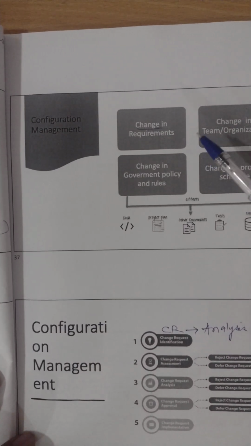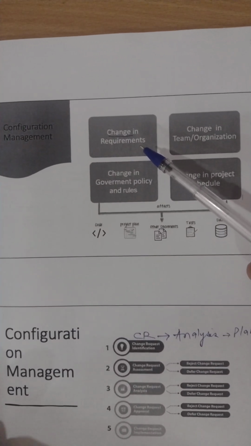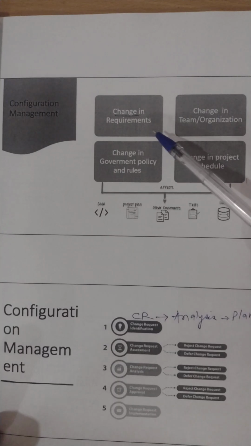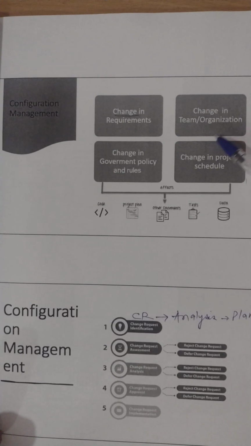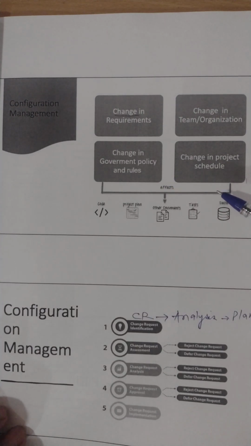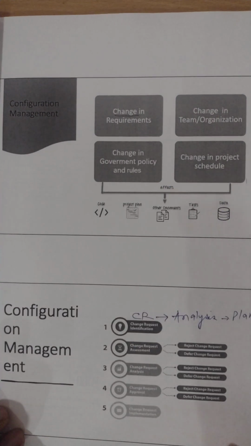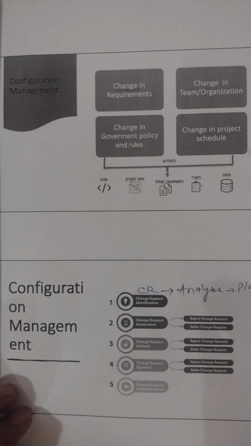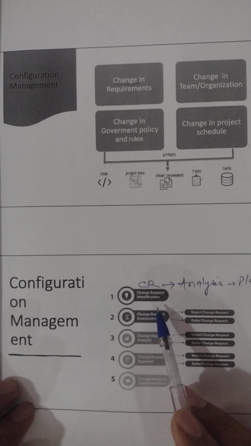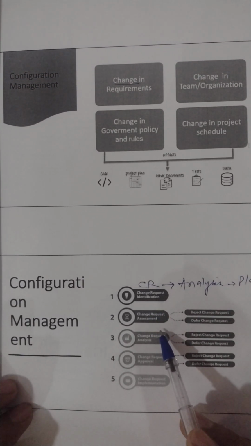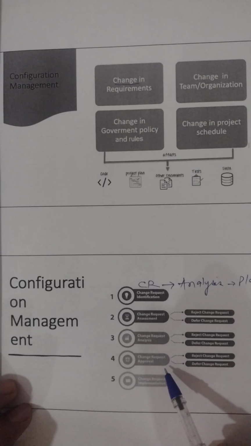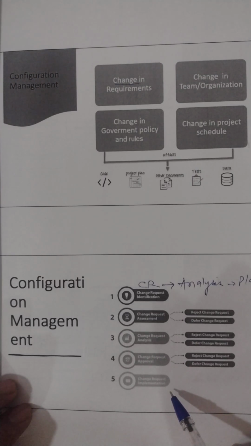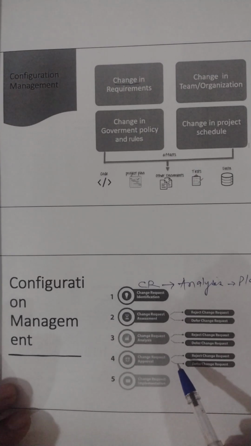And configuration management is required when there is a change in the requirements, change in the organization, change in the governance policies, government policies, rules, change in the project schedule and like that. Configuration management consists of change request identification, change request assessment, analysis, approval and change request implementation.